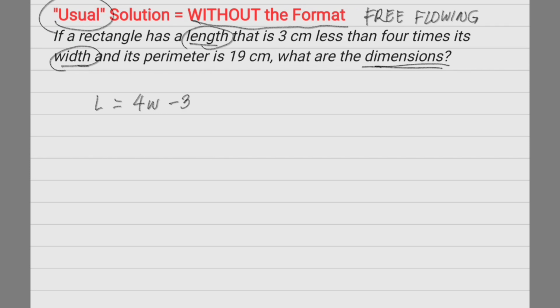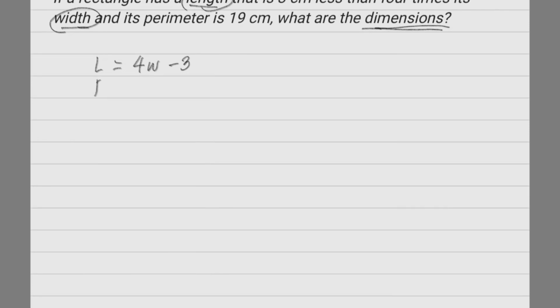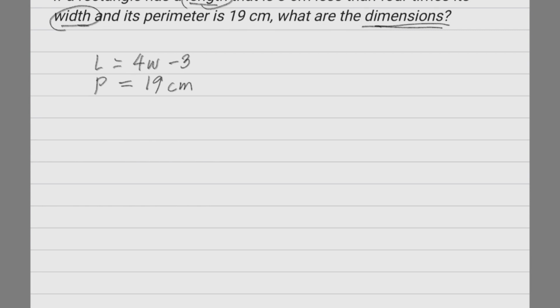That is to signify that it is 3 centimeters less than 4 times its width. So, we also know that the perimeter of the rectangle is equal to 19 centimeters, right?